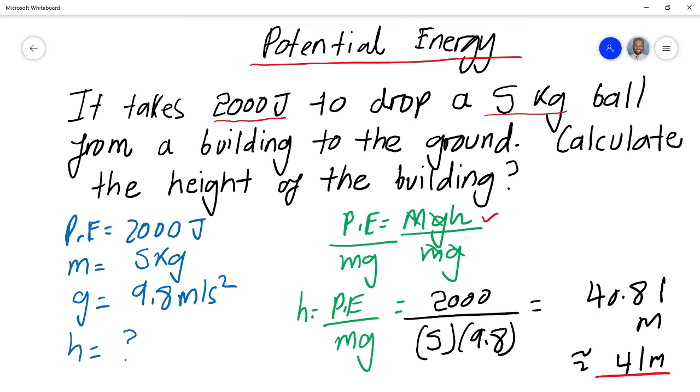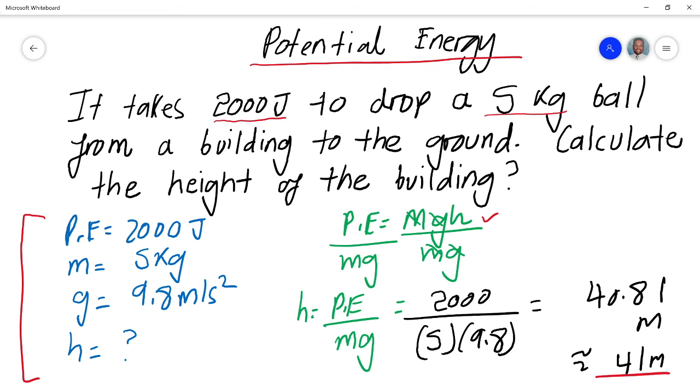So the first thing you do is identify what information is given, write down the formula, manipulate it to make h the subject of the formula, which is height, and then substitute and work it out. So you can see you're writing your formula and showing your working. That's how you solve potential energy questions where you're told to calculate your height.